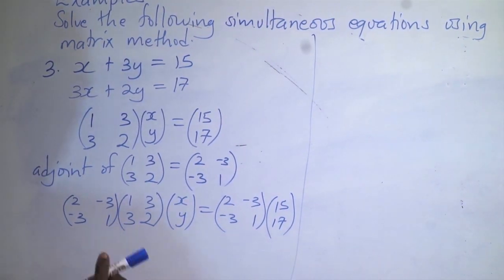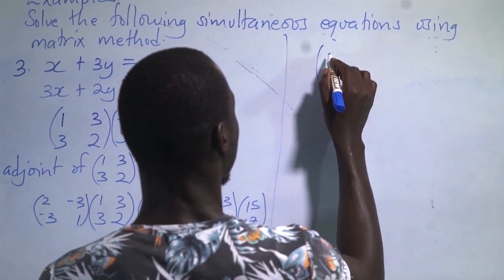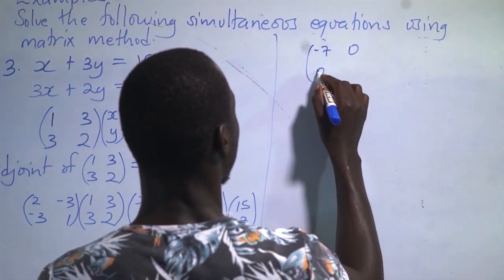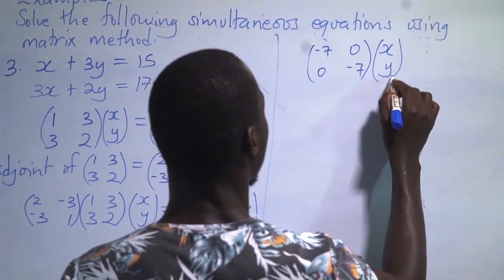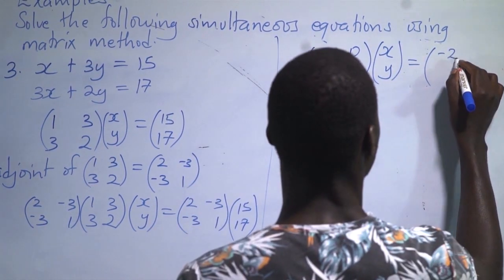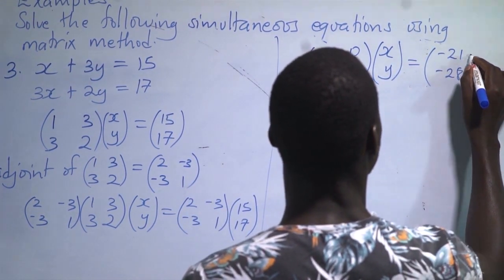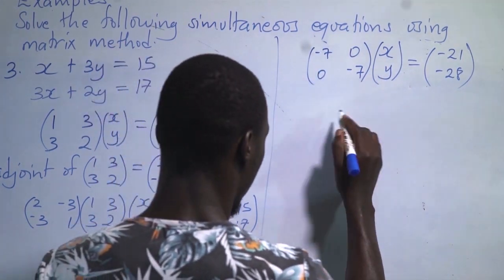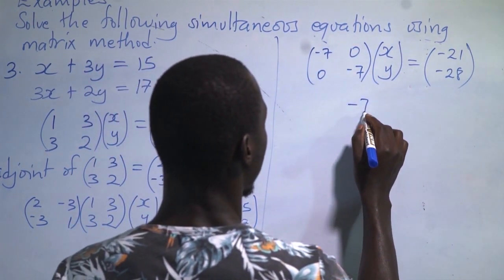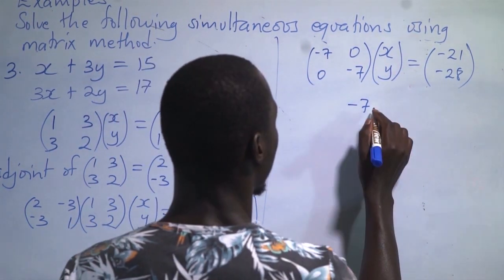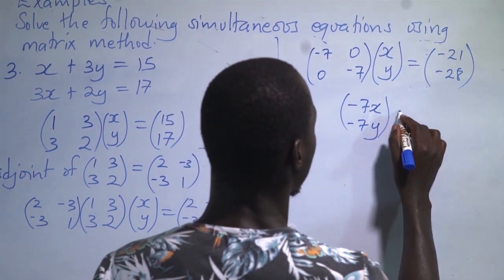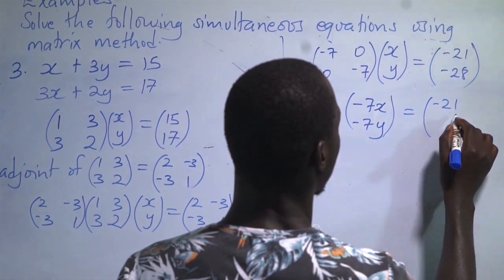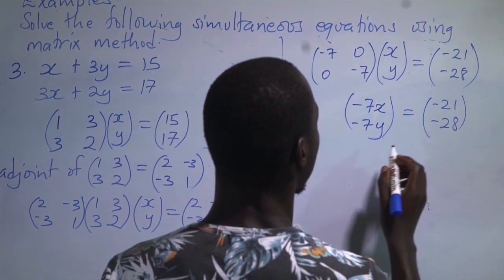Then when we multiply this side, we get the negative 7, 0, 0, negative 7, then times the xy, which is equivalent to negative 21, negative 28. Then row by column again, that is negative 7x, negative 7y is equivalent to negative 21, negative 28.